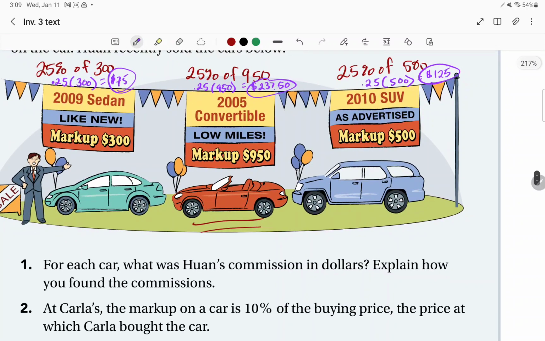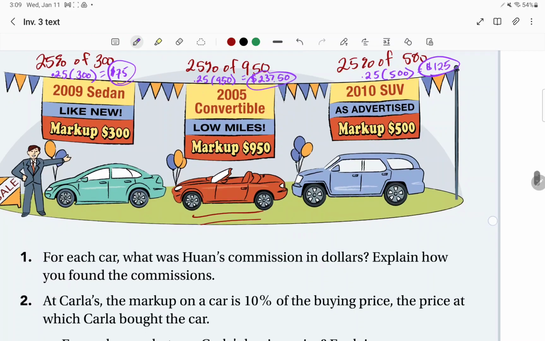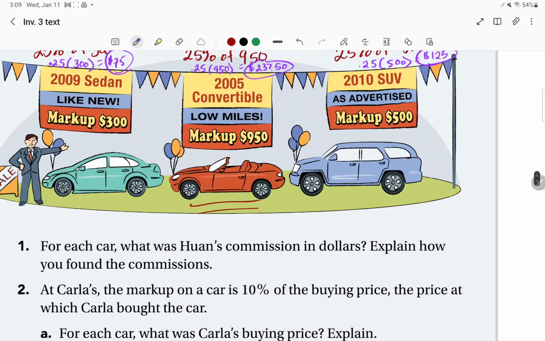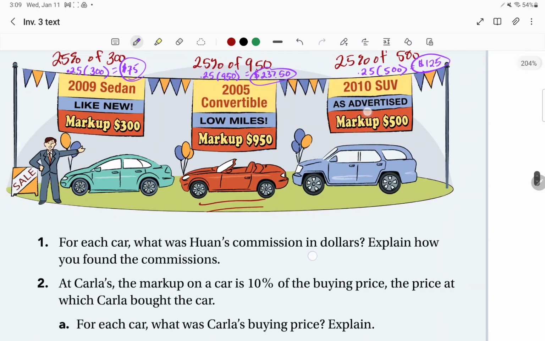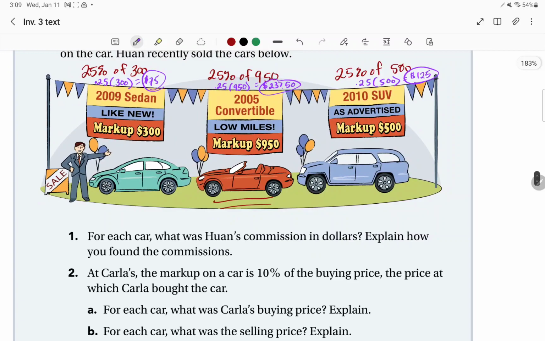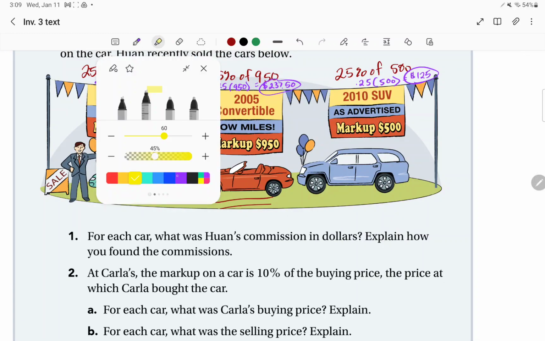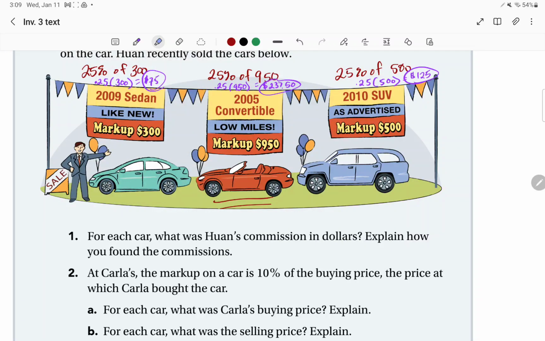If you have done part one, pause the video, try part two now. Okay, then for two, it says at Carla's, the markup on a car is 10% of the buying price. So these are the markups. Let me highlight the markups. So you have 300, 950, and 500.